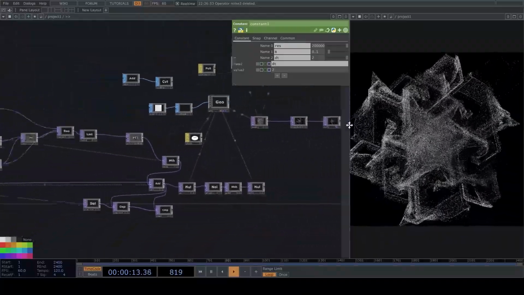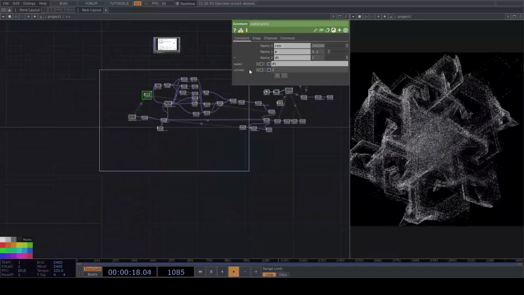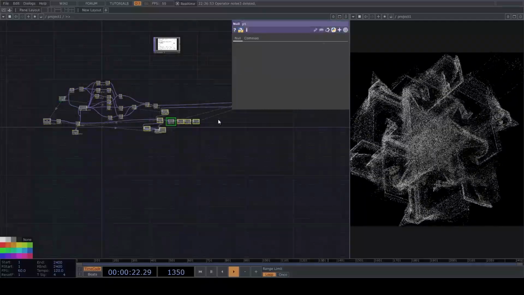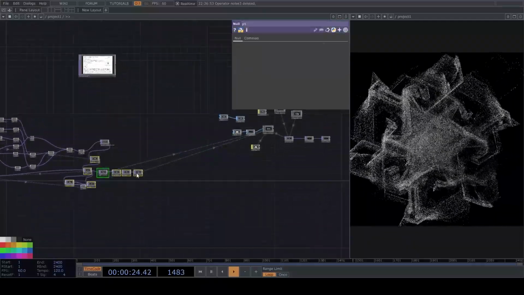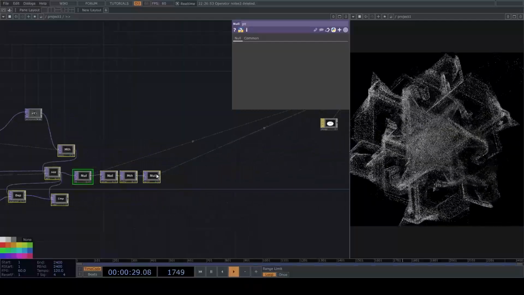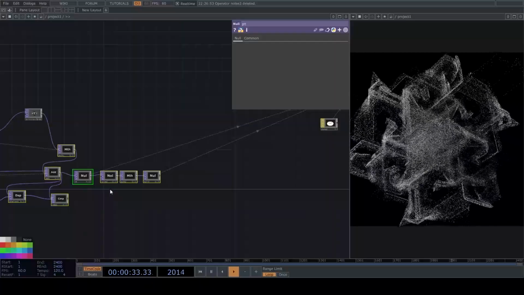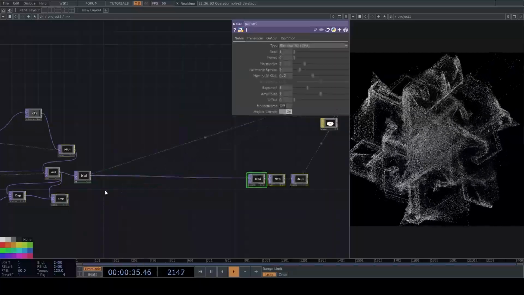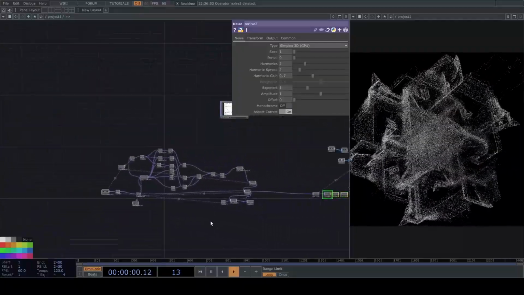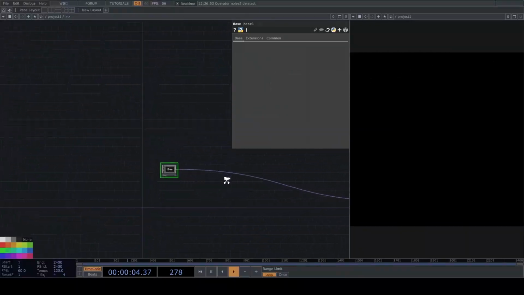And also, a very nice thing that we can do actually is the combination of one attractor or different attractors combined in one system. For example, let's collapse it.